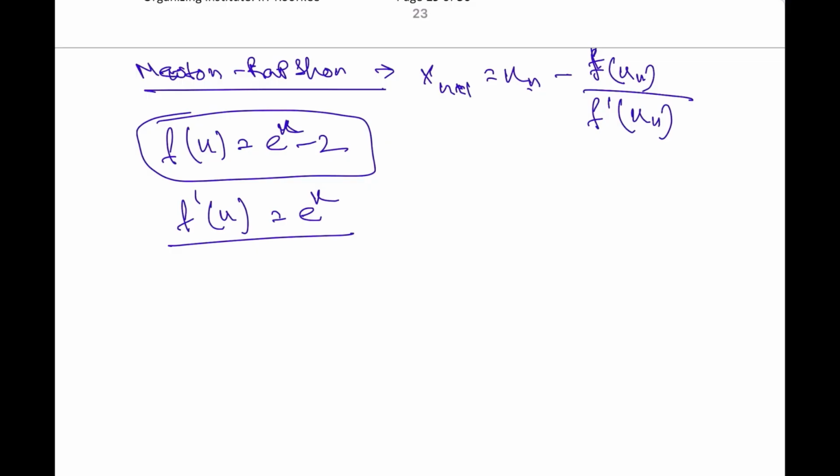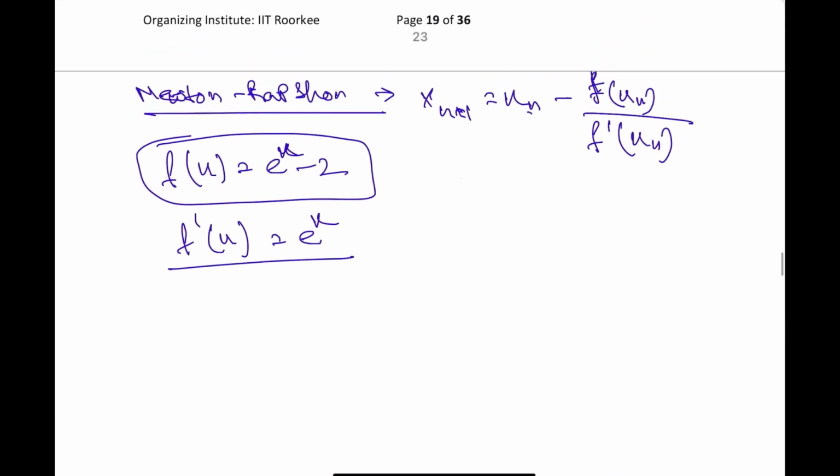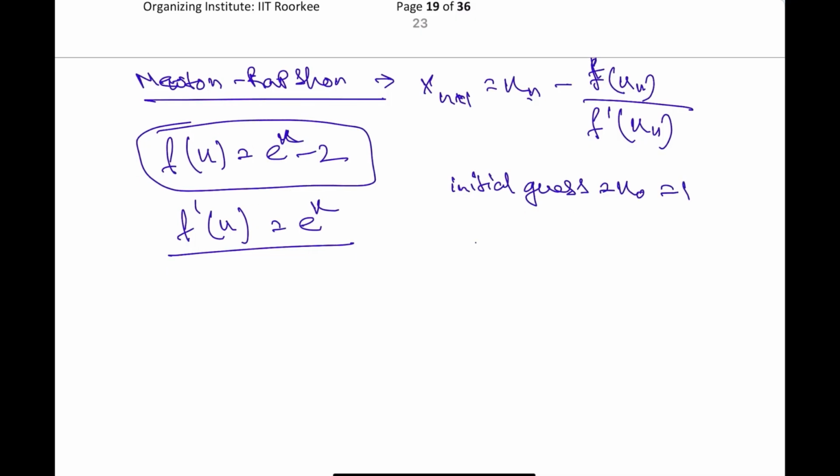So if we take the initial guess x0 equal to 1, here we will get x1 is equal to x0 minus f of x0 by f dash of x0.